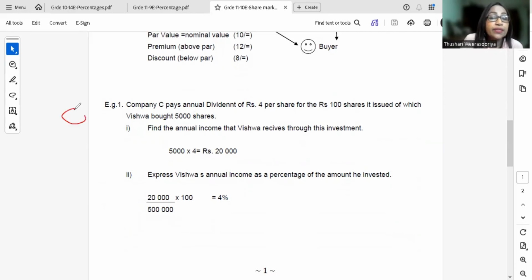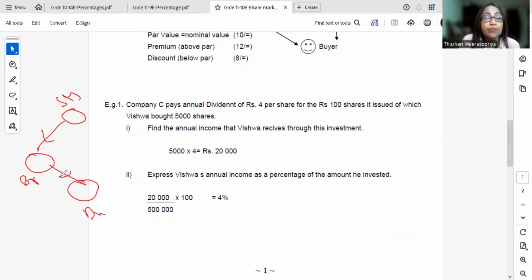So you draw 3 circles like this: share market, broker, and buyer. The broker gives the shares to the buyer, and the share market pays the dividend. That is the structure of the question.